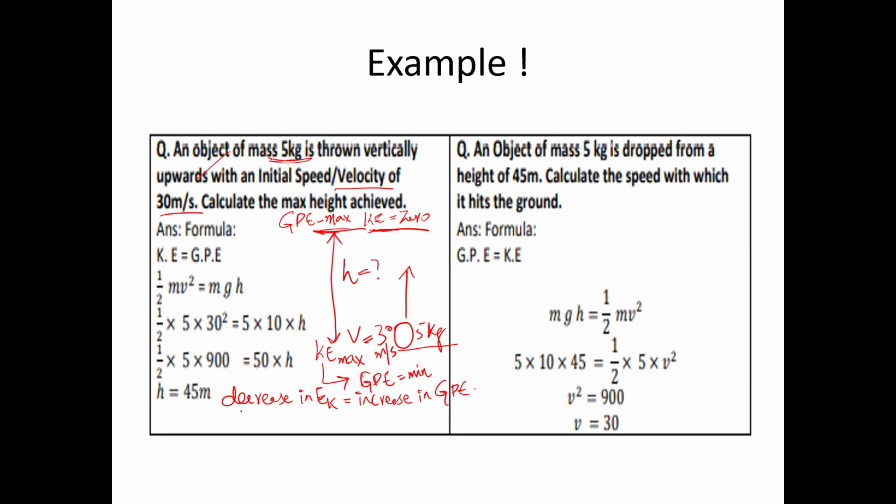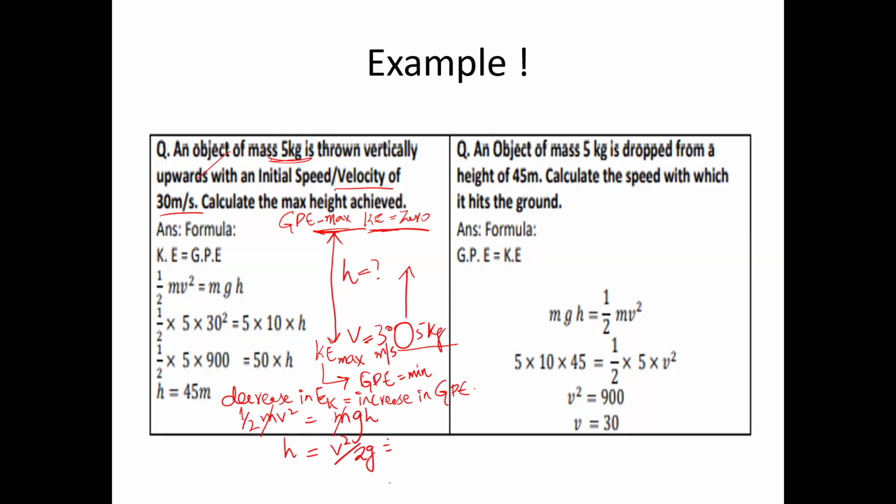So what formula are we going to use? Half mv square is equal to mgh, right? We know from here this m and m is going to cancel out. What we are left with, we need to find the height. So this height h will be equal to v square divided by 2g.